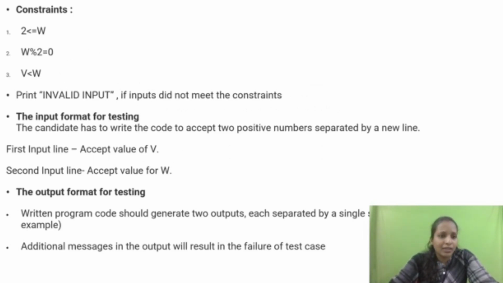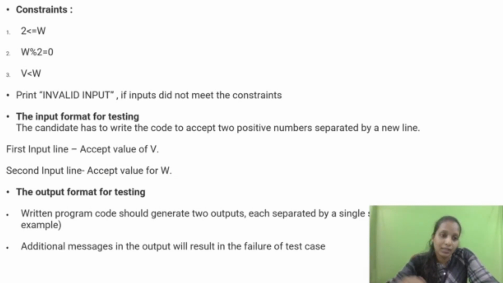I think there are several constraints to this as well. Yes. The total number of wheels W should always be greater than or equal to 2, because we are considering only two- and four-wheelers, so the minimum should be 2 wheels. Second, the total number of wheels should be an even number, otherwise the input is invalid.